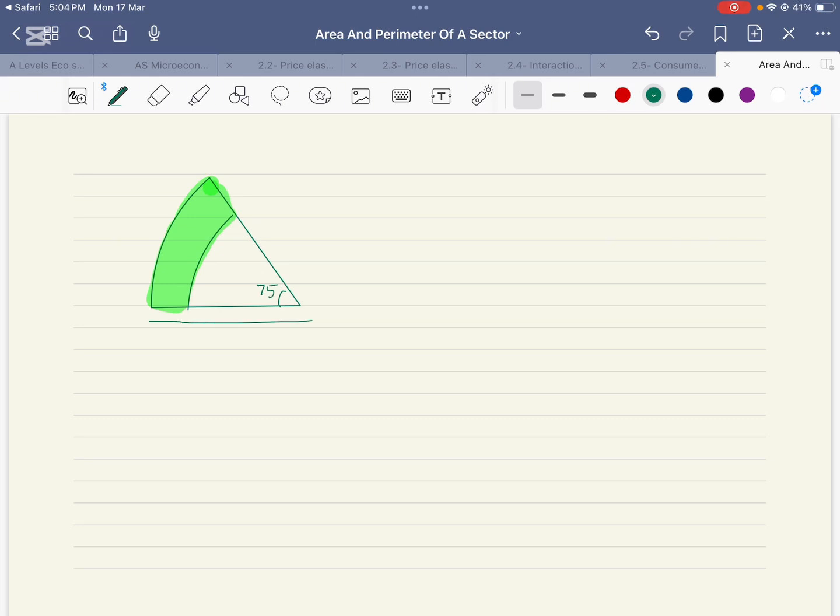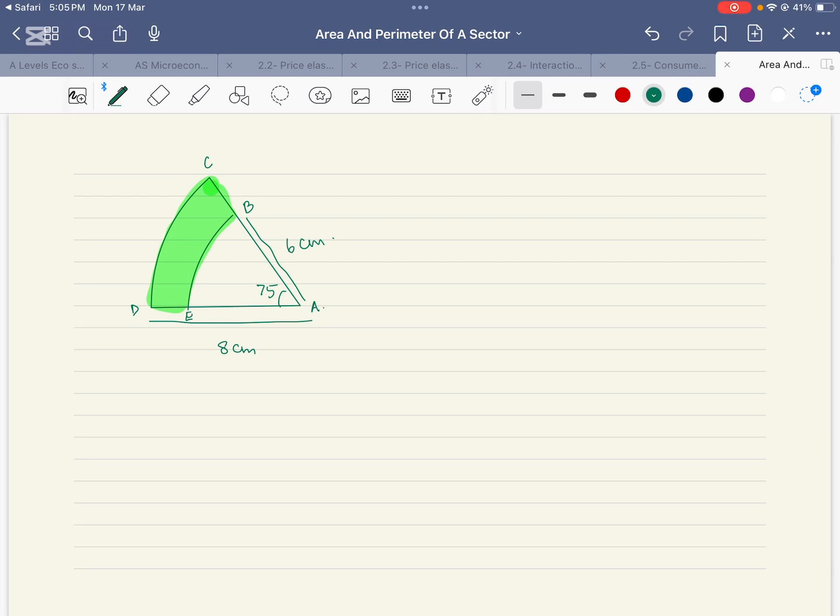This entire length is 8 centimeter. This length is 6 centimeter. Now how do we find the area of shaded region? We have the same angle for both the sectors, so let's name them A, B, C, D, E.